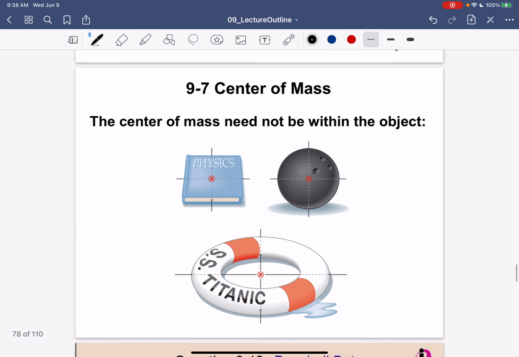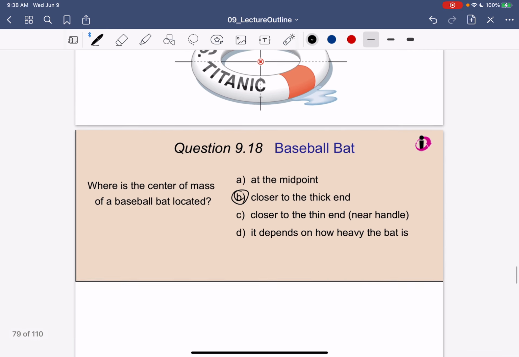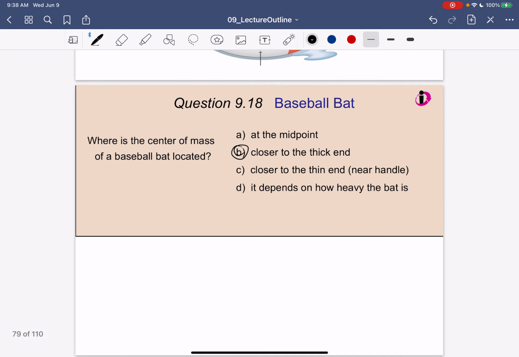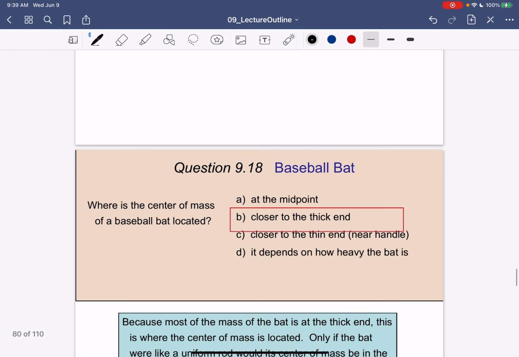The center of mass can be outside the object. For example, when we are talking about donuts or anything having the same shape, it is going to be outside. Where is the center of mass of a baseball bat located? Of course, since it is not a uniform object, it's going to be closer to the thick end, where it has more mass.